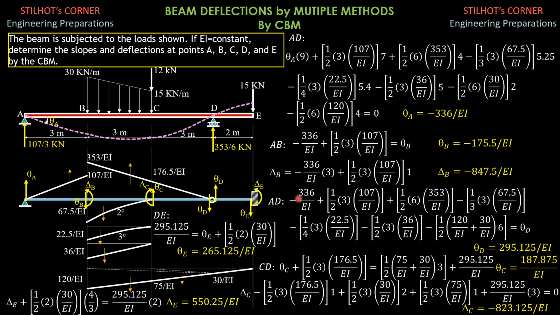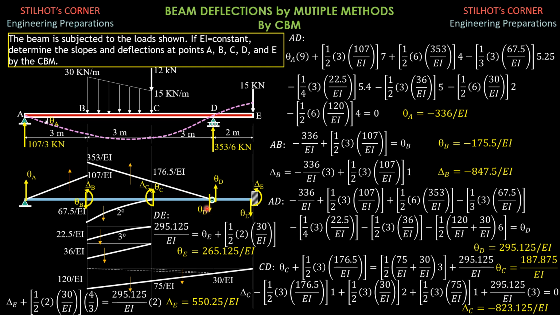So theta A, negative 336 over EI, plus 1/2 of 3 times 107 over EI, plus 1/2 of 6 times 353 over EI, minus 1/3 of 3 times 67.5 over EI, minus 1/4 of 3 times 22.5 over EI, minus 1/2 of 3 times 36 over EI, then minus, we'll just treat this as a trapezoid, minus 1/2 of the quantity 120 over EI plus 30 over EI, times 6, minus theta D equals 0.